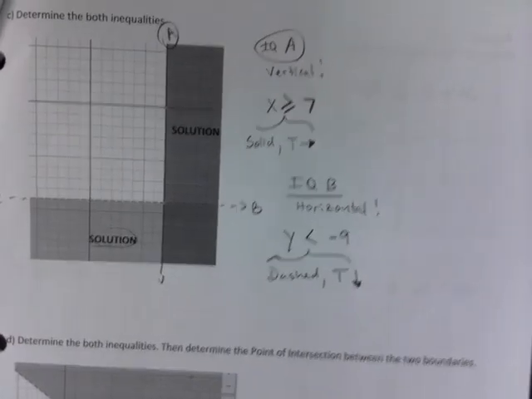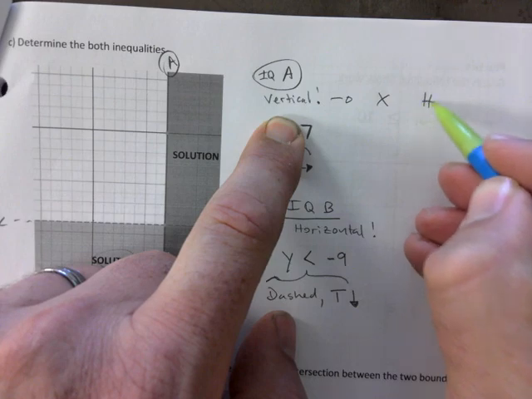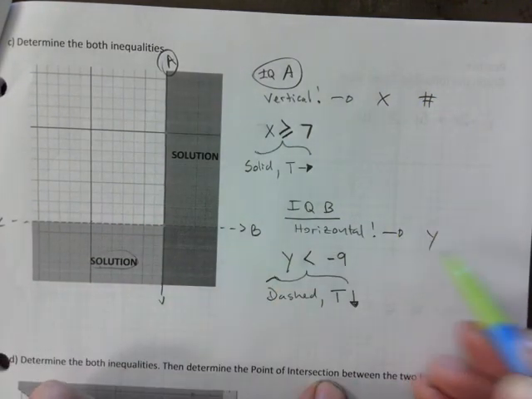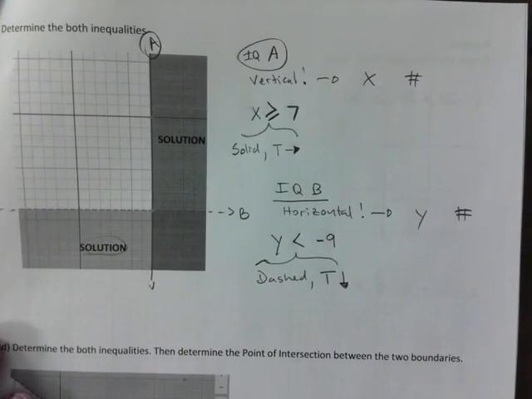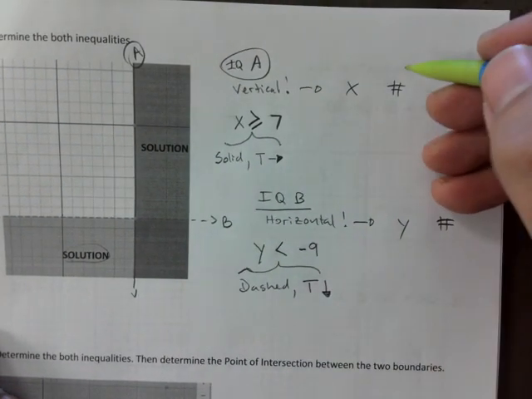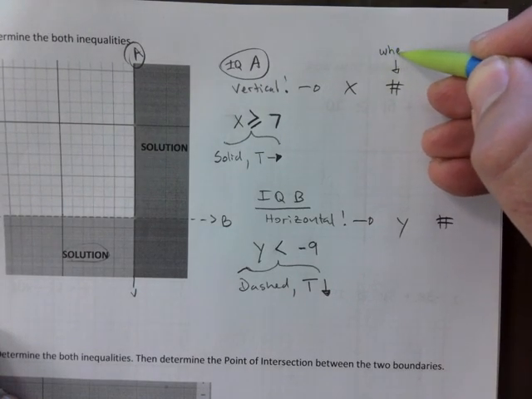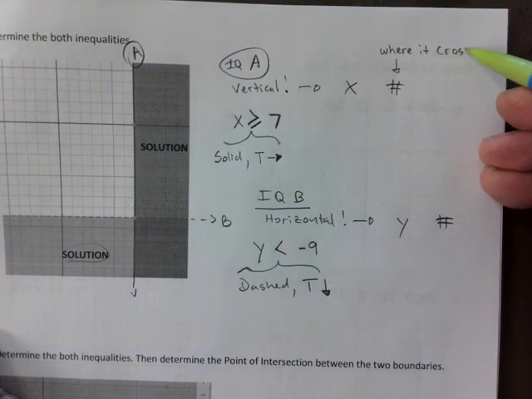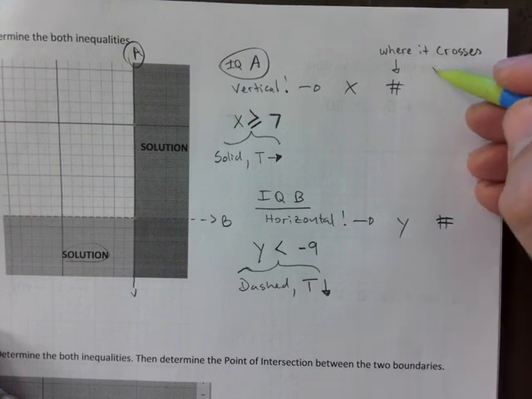And let's go back to 22, just to give you one more hint here. When it's vertical, it's just going to be x equals a number. When it's horizontal, you know it's going to be y equals a number, for sure. And this number is where it crosses the x-axis.